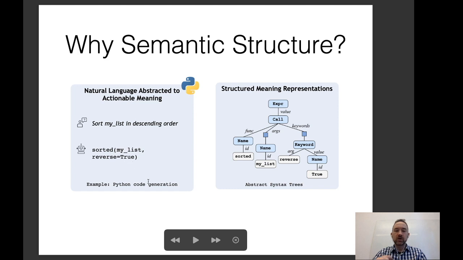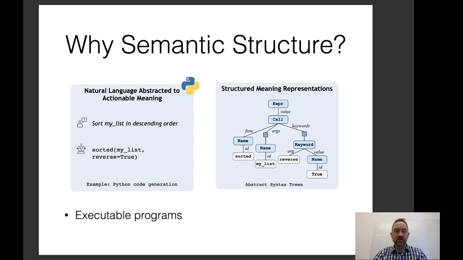If you were able to model this semantic structure, you could write programs or do database queries with a computer. This is actually very widely used in question answering systems, for example, that are making queries against databases or controlling robots.